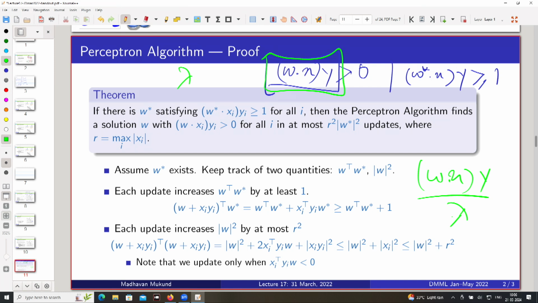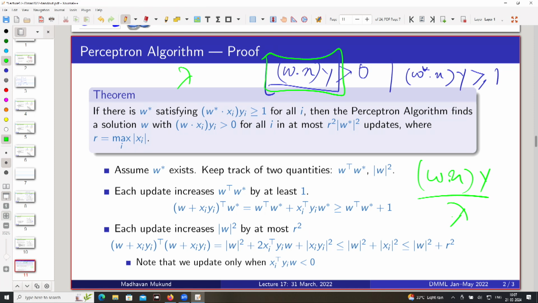Yes, so the theorem starts by assuming, suppose there is a w star which satisfies that thing we want. How do you get this w star? You can start with a w. I assume that the data set was linearly separable, so there was some w which satisfies this equation for every data point.